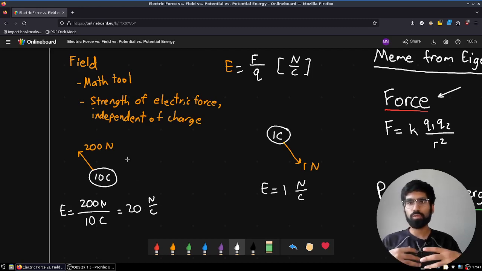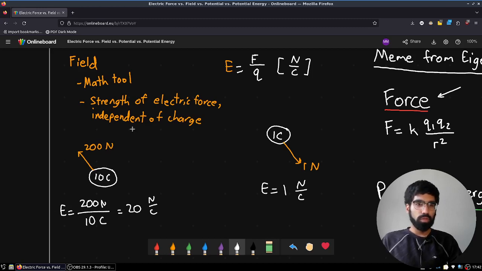Now there's no difference between them in terms of this charge being different from that, so we can clearly see that the strength of electric force is larger over here compared to over here, independent of the charge, because you can think of it as 20 newtons per 1 coulomb, or 1 newton per 1 coulomb. So that's kind of why we create the tool of electric field.